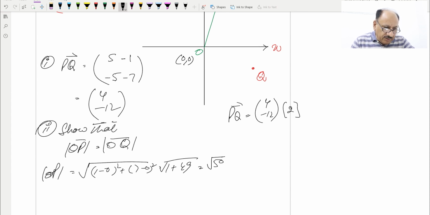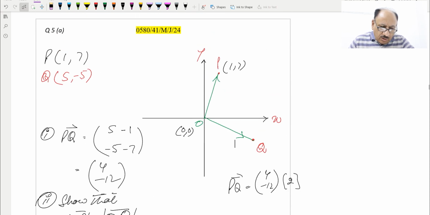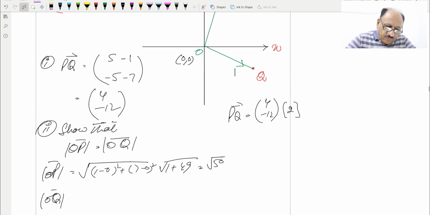Now we can find mod OQ also. If we draw OQ, OQ will be this one, and the coordinates of Q are given, which are 5 and minus 5.